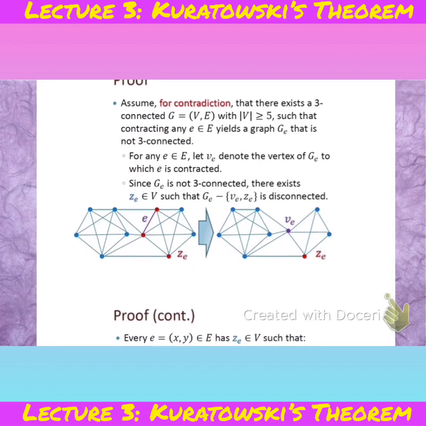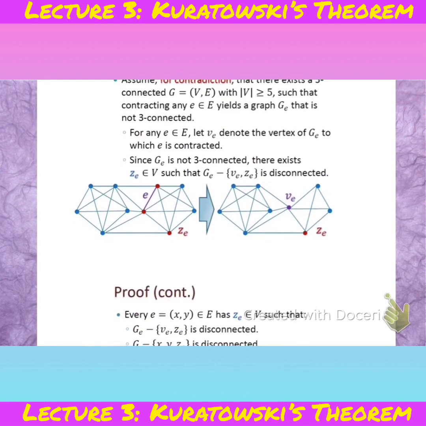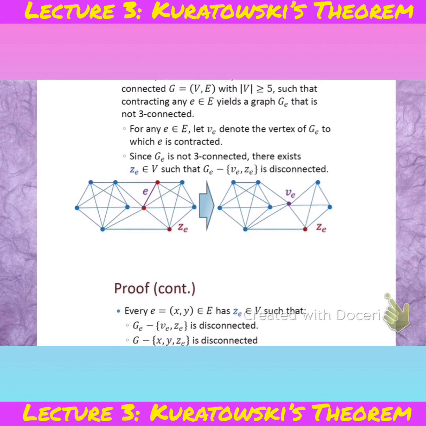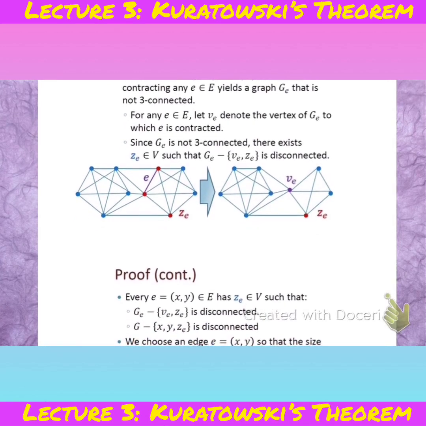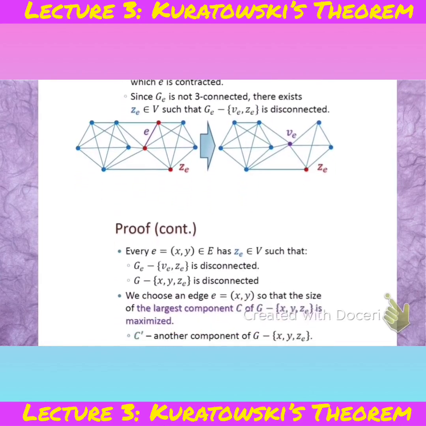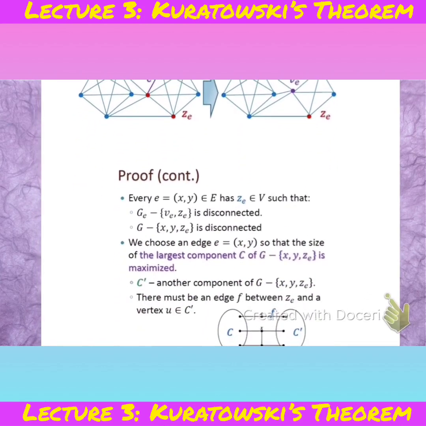Right, moving on. So we said now that the graph obtained by contracting the edge has a cut set of cardinality 2. So basically we can make the following statement. For every edge in the edge set of the graph G, there exists a vertex Z subscript E such that both of the following hold.